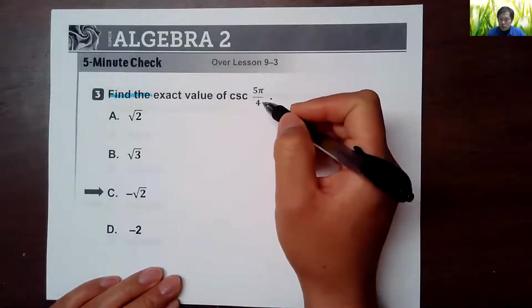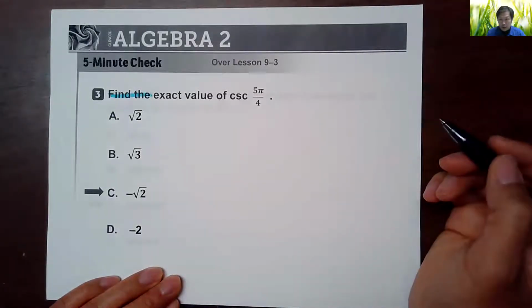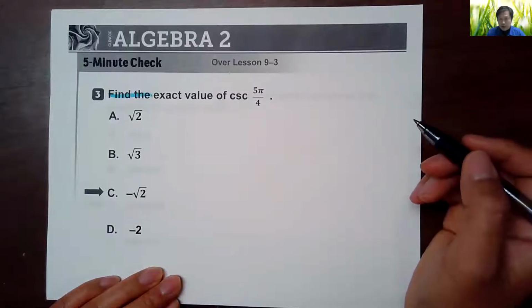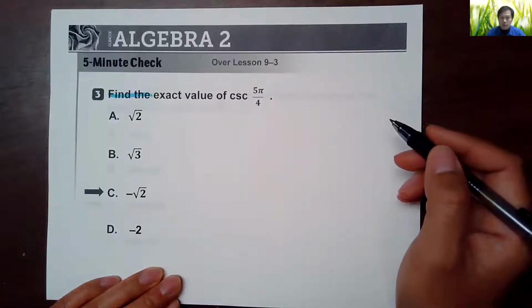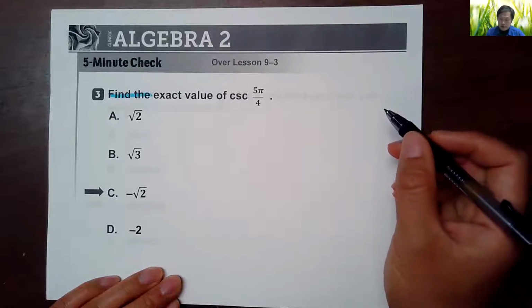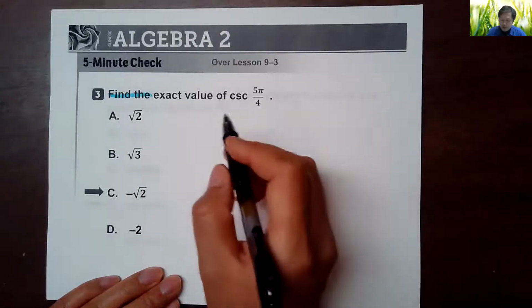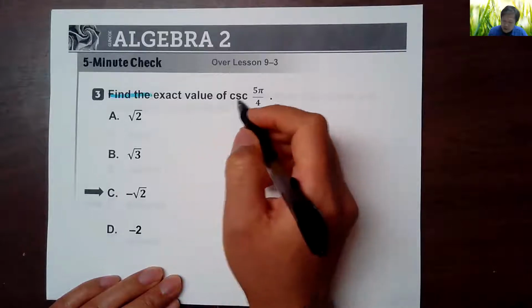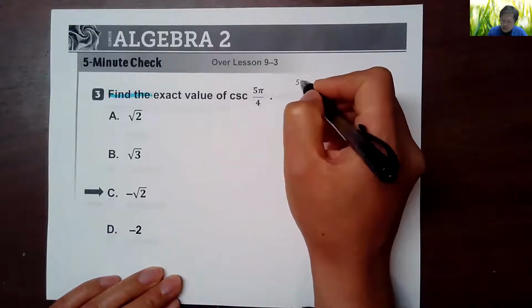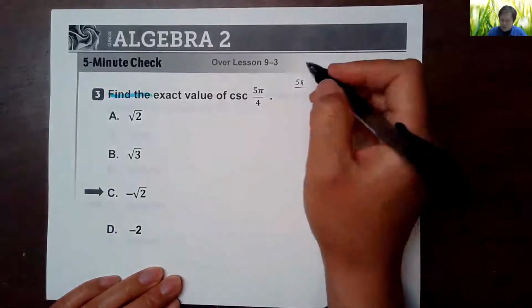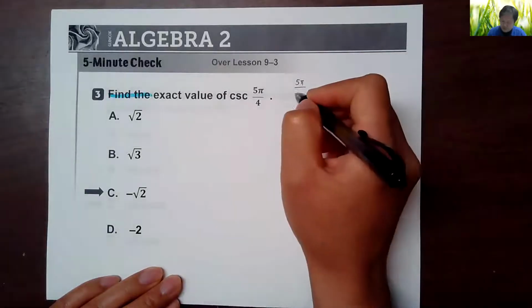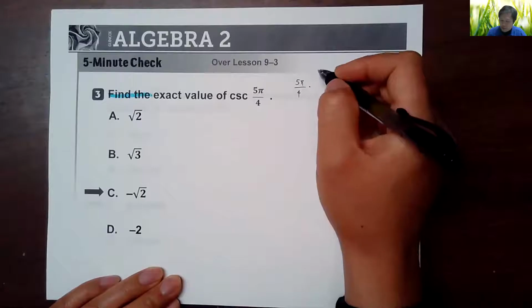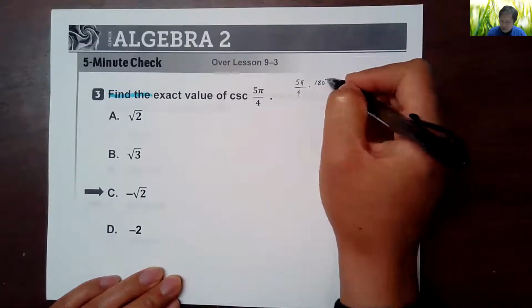If you know the radian angle as it is, where to draw it and all that, you can go ahead and directly deal with the radian. If many of you are not familiar with radians, then I recommend you convert to degrees. Multiply by 180 degrees over pi.